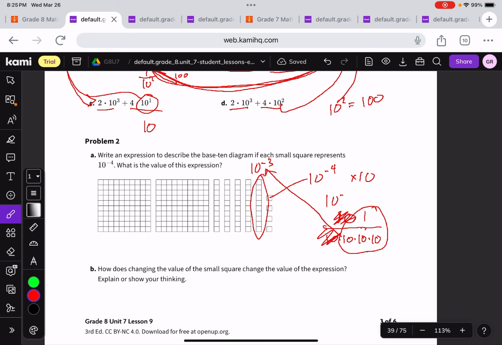And if I times this by 10, I get 10 to the negative second. So each one of those is 1/100th. So it says, write an expression. Well, there's two of these.